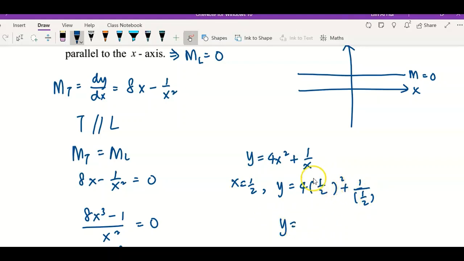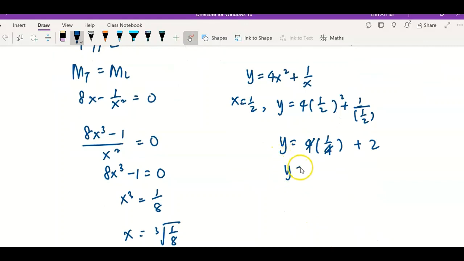Then you will have 1 over 4. 4 multiplied by 1 over 4 cancel each other, plus 2. You got y equals 3. Meaning that the coordinates of the tangent point, where the tangent is parallel to the x-axis, is (1/2, 3). Okay, this is your answer.